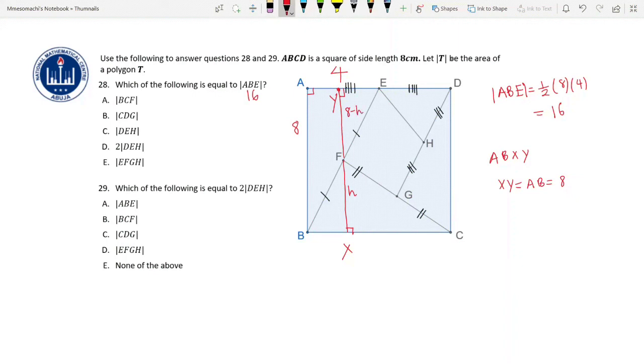The last thing we know is that opposite sides of a rectangle are parallel, so AB is parallel to XY. Now we can see two similar triangles coming out.